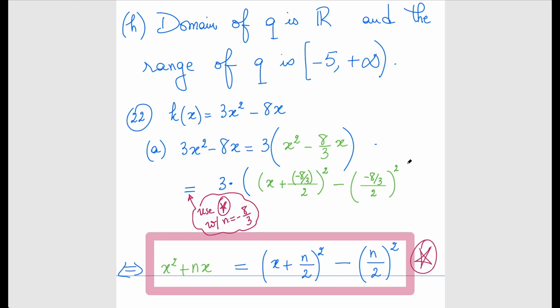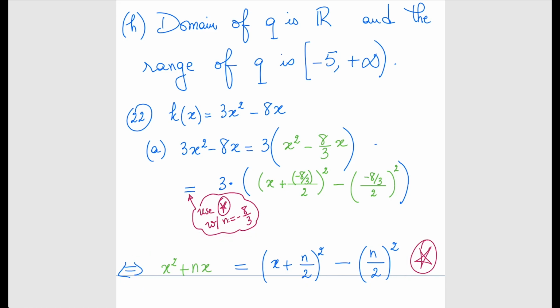Okay. So I use star now. I'm gonna erase it. I don't need it anymore. But one more time, n is minus 8 over 3. So I'm using star with n equals minus 8 over 3, and we get this, right? So that's the green part that's equal to this green expression. Okay. All right.